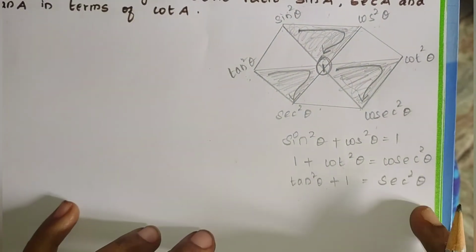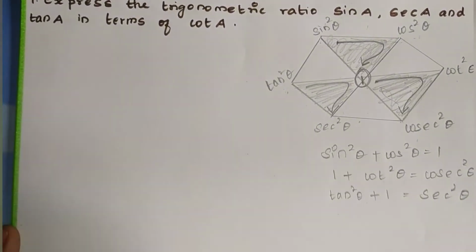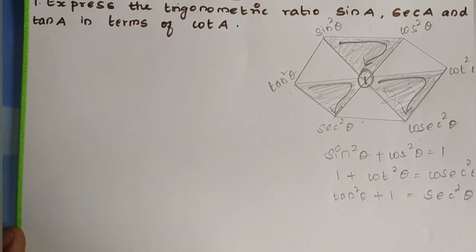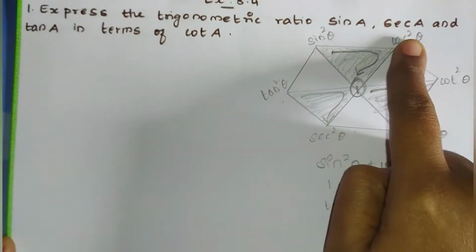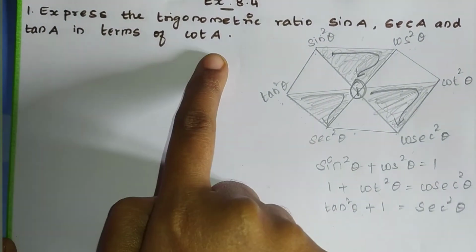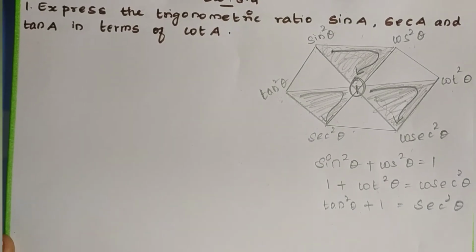So these are the three important trigonometric identities. By using these formulas, I am going to express sin A, secant A, tan A in terms of cot A. Let us see how.